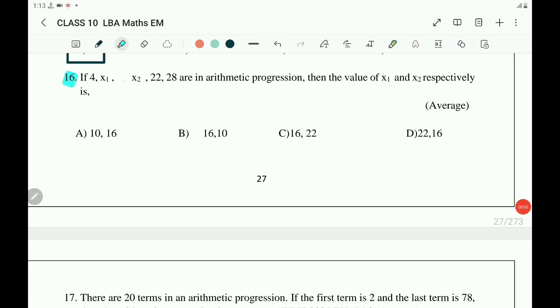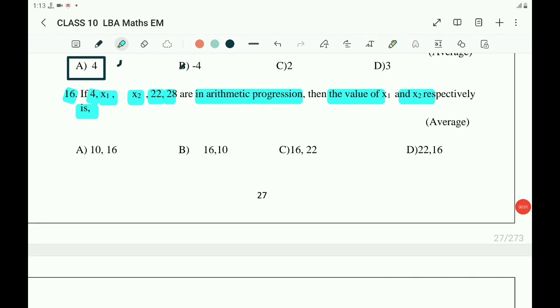And question number 16. If 4, x1, x2, 22, 28 are in arithmetic progression, then the values of x1 and x2 respectively are? Here you observe the two consecutive terms, 22 and 28. By adding 6 to the number 22, you will get 28.